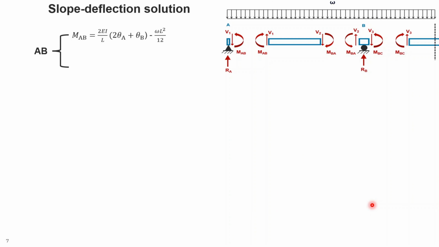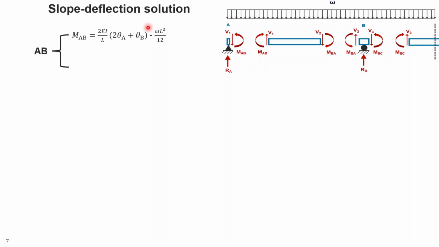So to start with the slope deflection method, we should know that for each element like AB, we can write two equations for the slope deflection solution. The first one is this one, and if you understand the first one, the others will follow the same pattern.